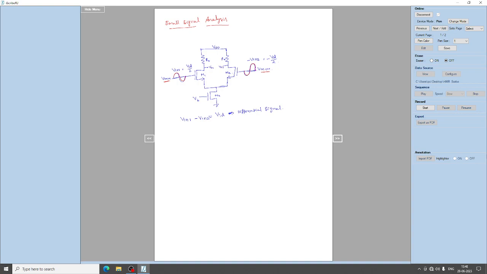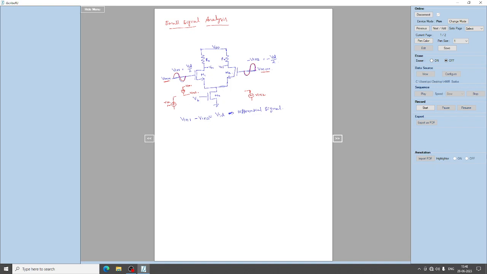So differential signal means you can give two different signals over here. You can give two different signals like Vin2 and Vin1, or you can give one input signal which can be differential like this as Vin1 and this as Vin2 to the input of the second terminal, anything it might be, right.